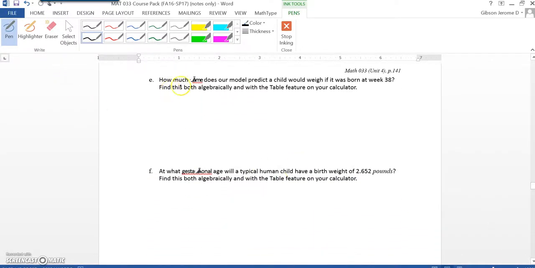Okay, now we go to E. How much does our model predict a child would weigh if it was born at week 38? Find this both algebraically and with the table feature on your calculator. So algebraically, we would take y equals 100x minus 1700, and we'll substitute in 38 for x.